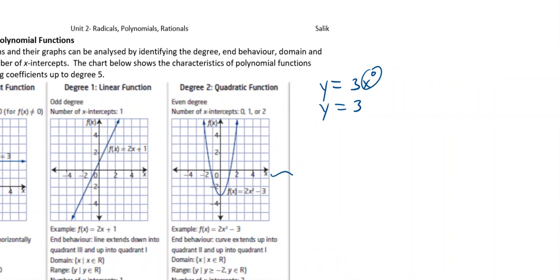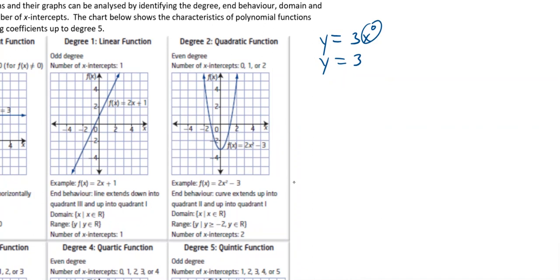Do you remember what the rule was when we did these? If I gave this example, f of x equals 2x squared minus 3, how do I know whether it opens up or opens down just by looking at the function? The leading coefficient is positive or negative. Yeah, do you remember the smiley face or frowny face rule?